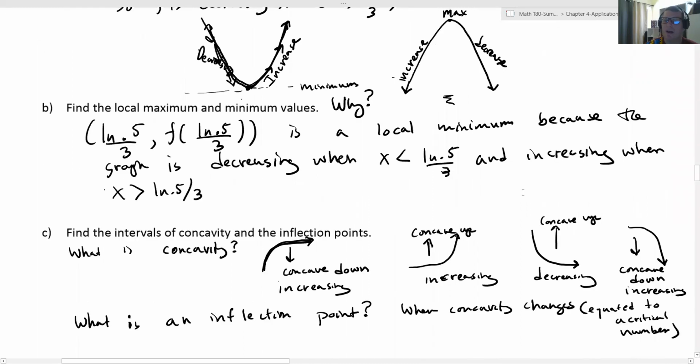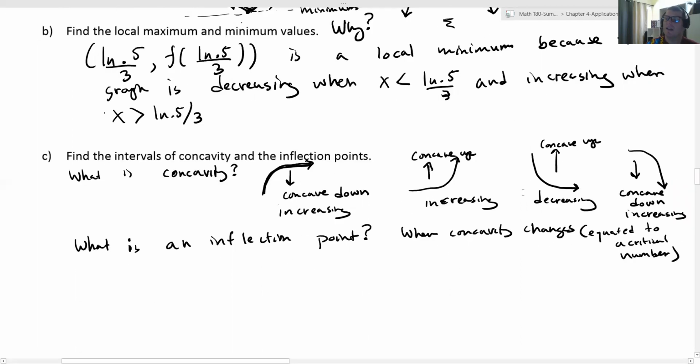So they indicate changes. A critical number indicates changes from increasing to decreasing. An inflection point indicates changes in concavity. The difference is that an inflection point only indicates changes in concavity.